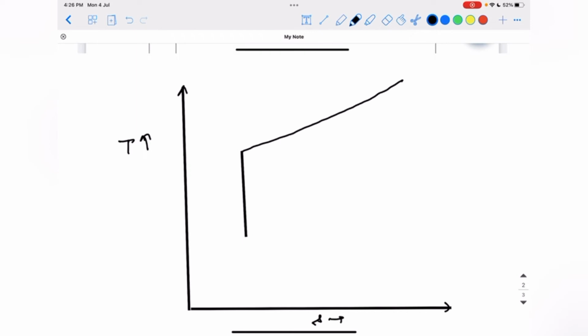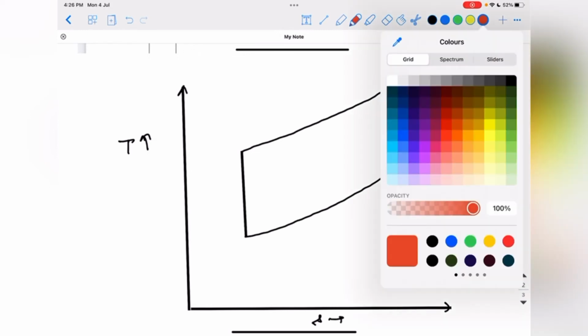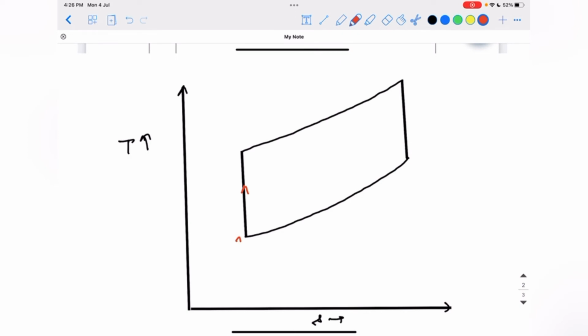Now process 3 to 4 is again an isentropic expansion which can be again plotted by a straight line. Now process 4 to 1 is a constant volume heat rejection process and it can be represented like this. So I have 4 processes: 1, 2, 3 and 4.